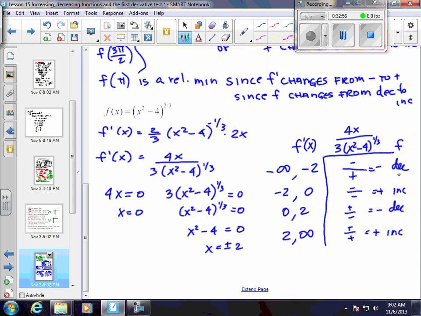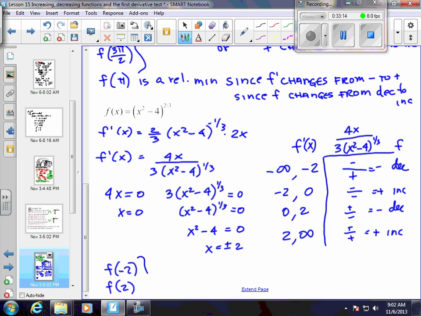So since the function goes from decreasing to increasing when x is -2, f of -2 is a relative minimum. It also does that at f of 2.